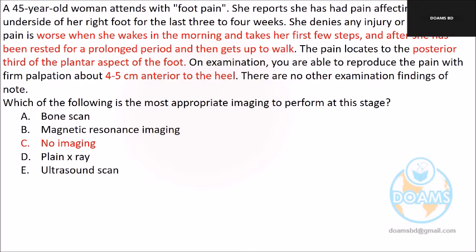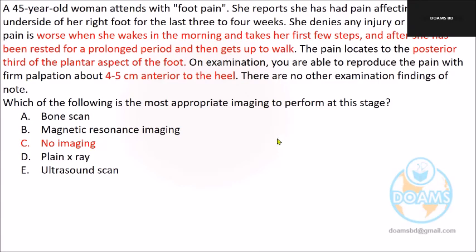The philosophy is the same. If clinically the features are that confident, actually we don't need to go for any imaging. Whatever it is, the plantar fasciitis, if it's unilateral, is a local problem. We need the treatment now, not the imaging.